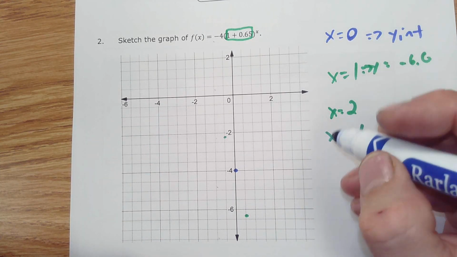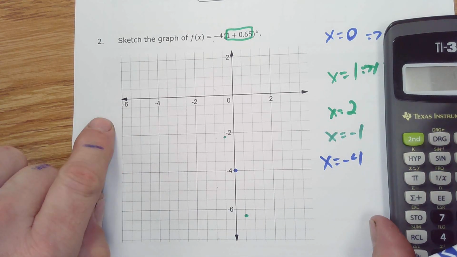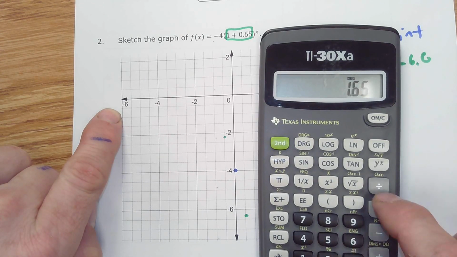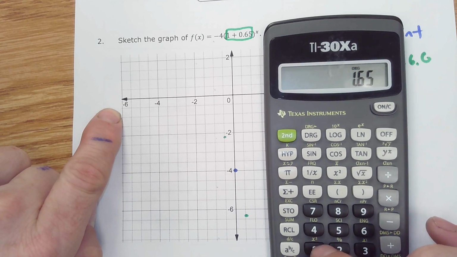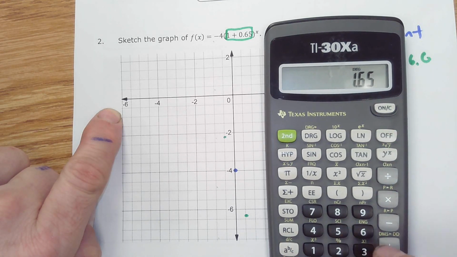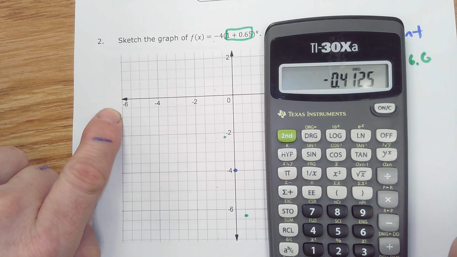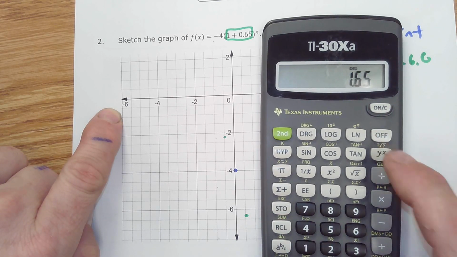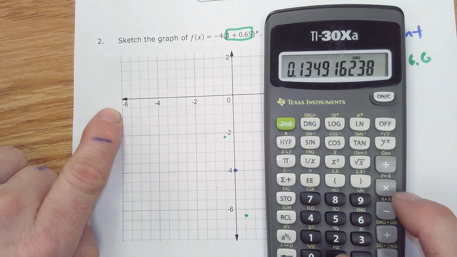How about when x is -4? I have an intuition that it's going to get closer and closer to 0. So let's do 1.65 raised to the -4, multiplied by -4.